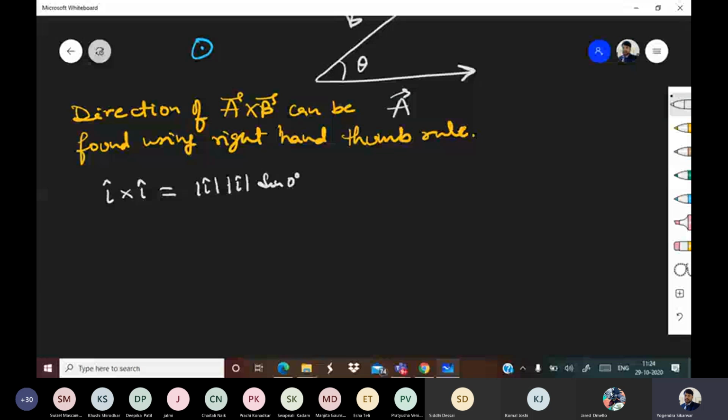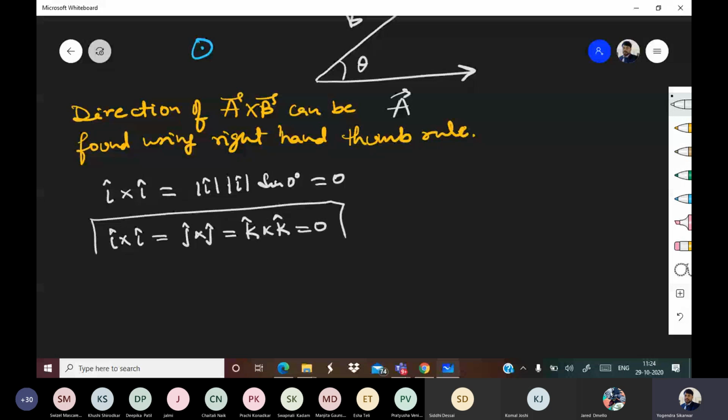So i cross i is equal to j cross j is equal to k cross k is equal to 0. Alright, remember that.